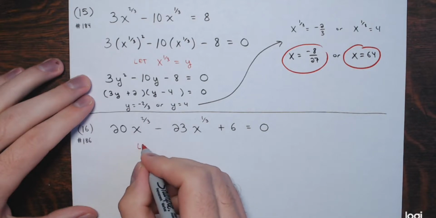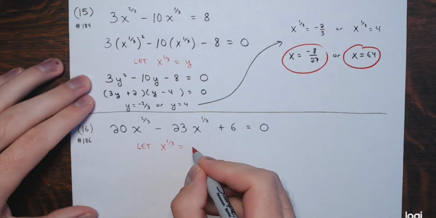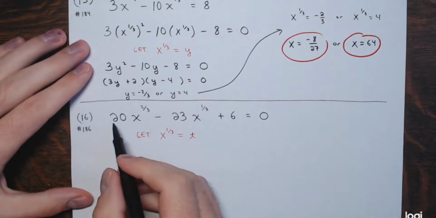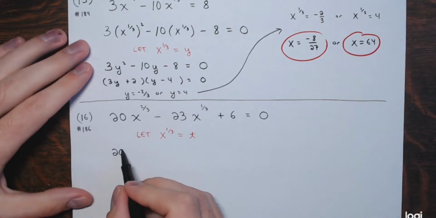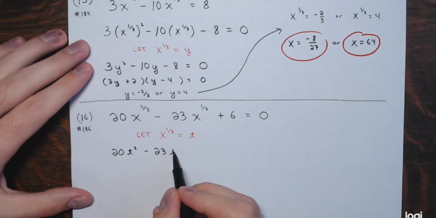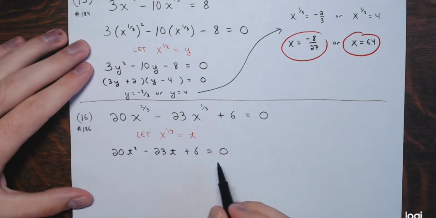So I'm going to let x to the 1/3 be replaced by t. And this equation becomes 20t squared minus 23t plus 6 equals 0. A quadratic equation.